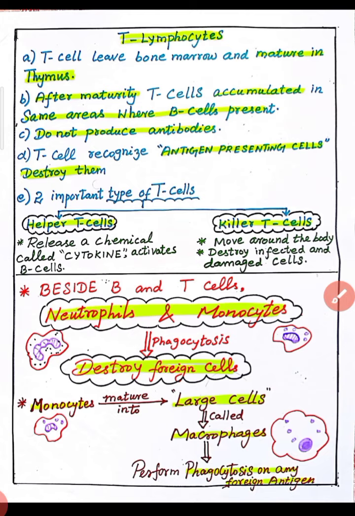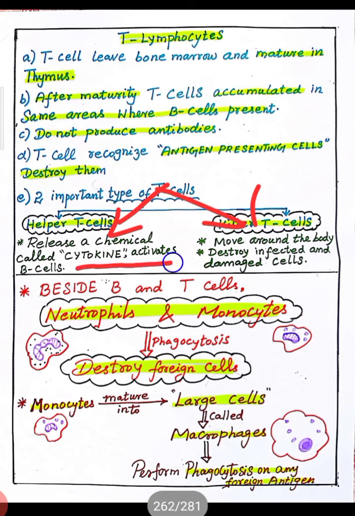Yes, two important types of T cells. See the tabulation. One is the helper T cell, another is the killer T cell. Helper T cell releases a chemical signal called cytokine, which activates the B cell.